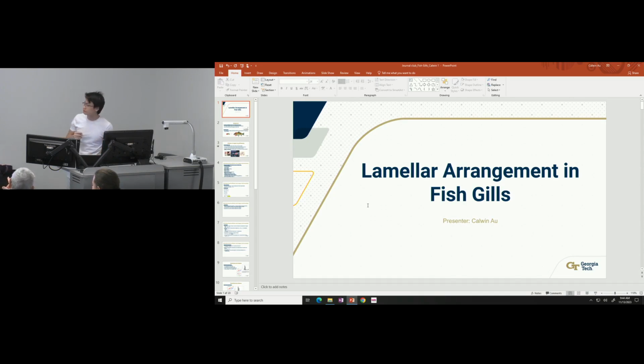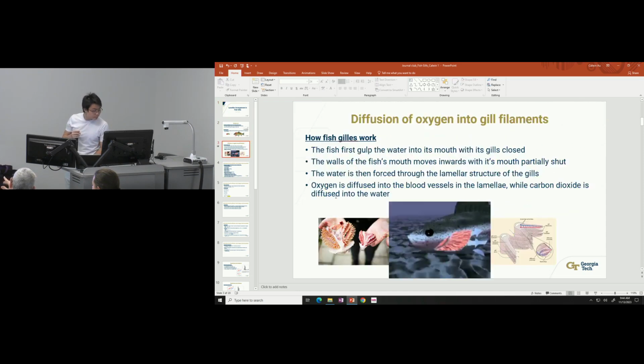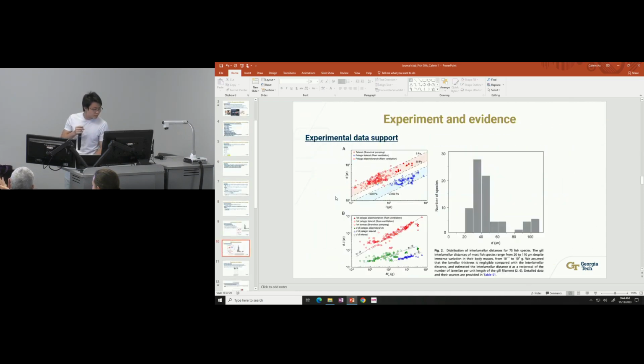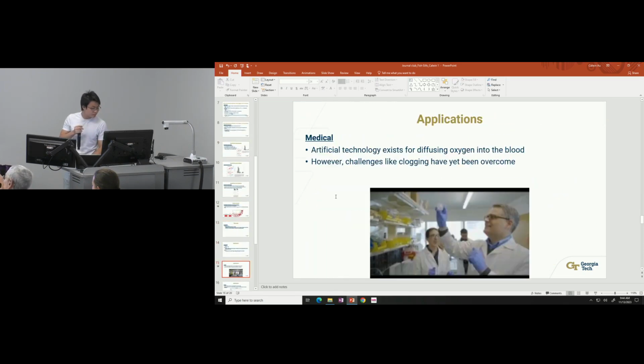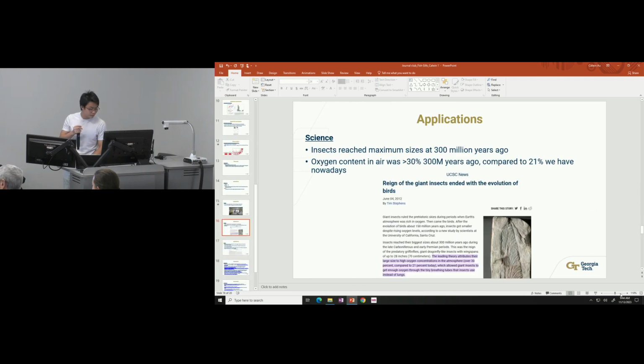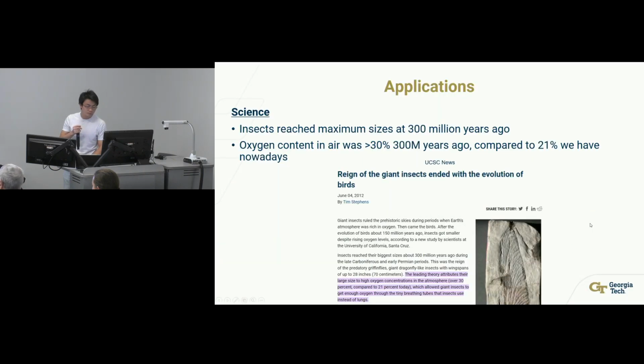Could you go back to the slide where it talked about the insects and how they were much bigger back then? Because I didn't understand the relationship between the fact that you had more oxygen in the air and bigger insects. Yeah, so that actually has to do with their volume to surface ratio.